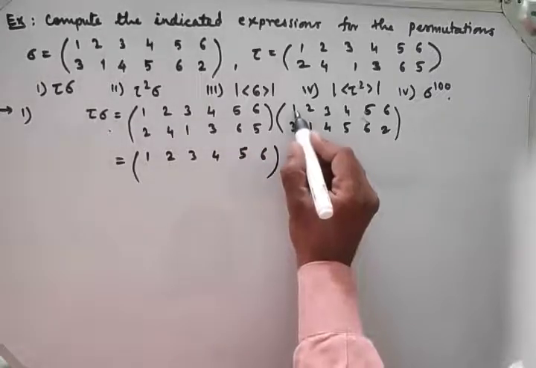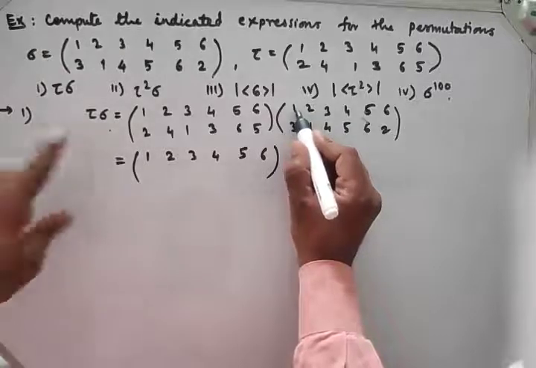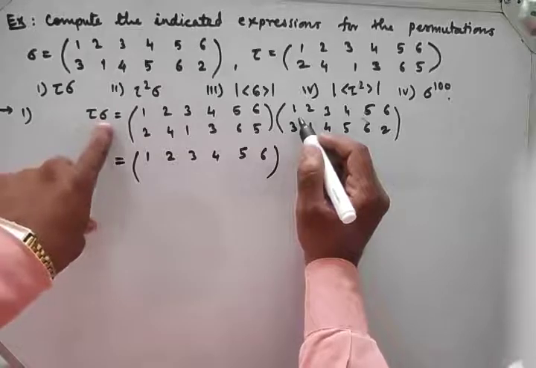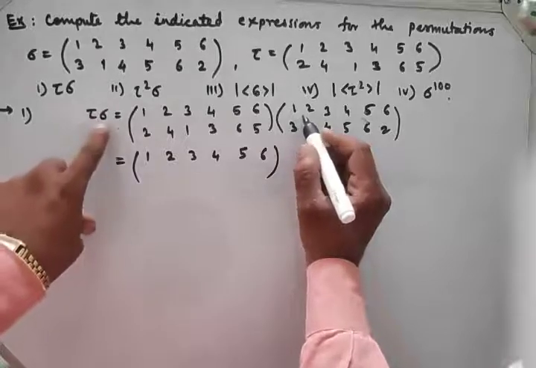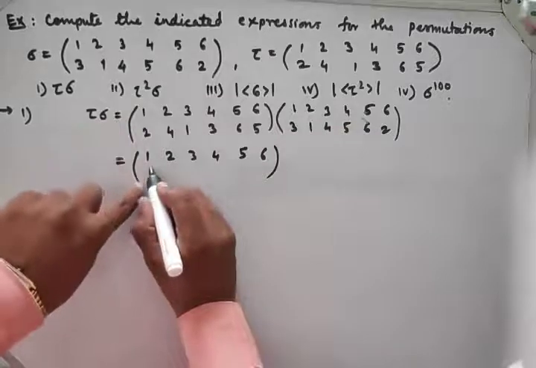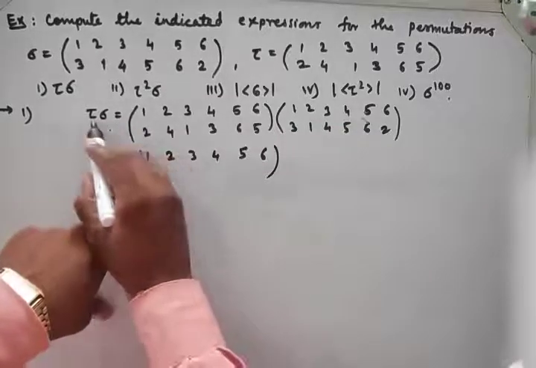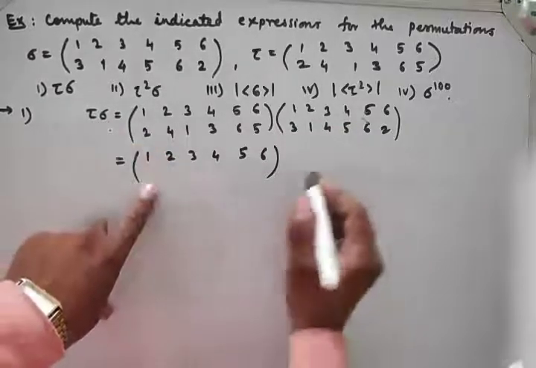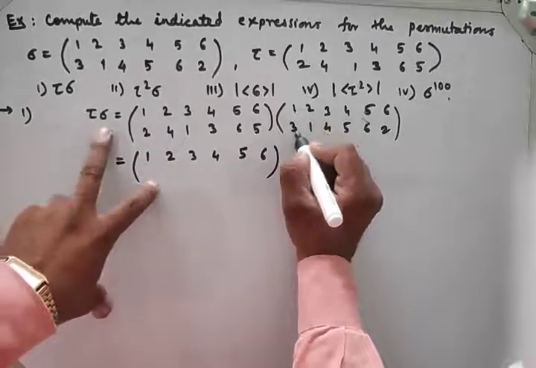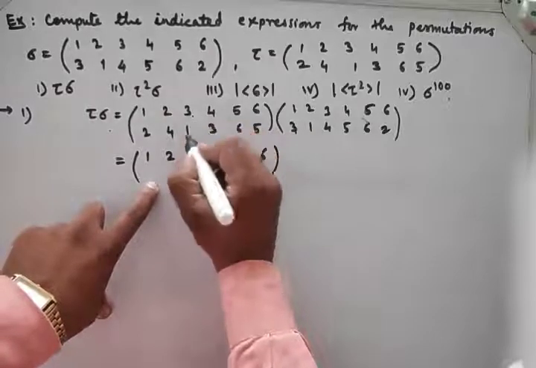We apply first sigma and then tau, to find tau sigma of 1. Sigma of 1 has value 3, and 3 goes to 1.